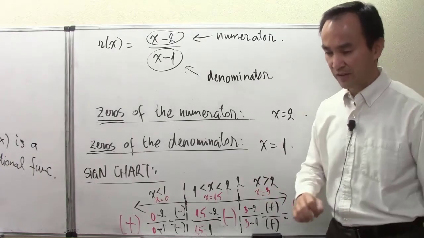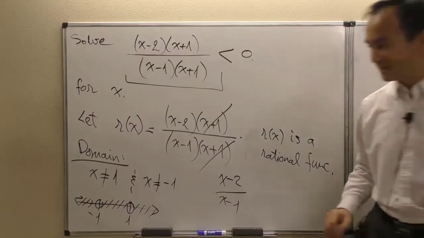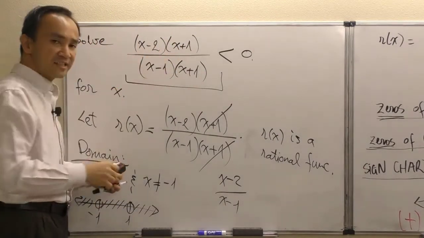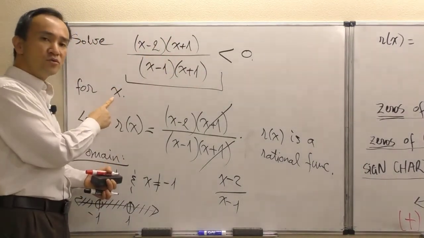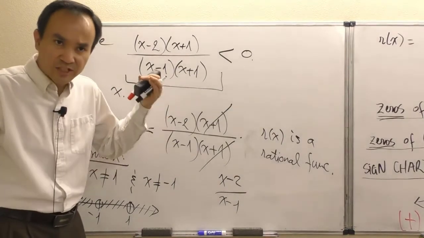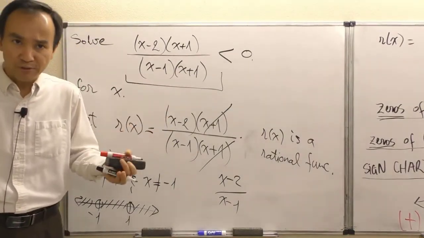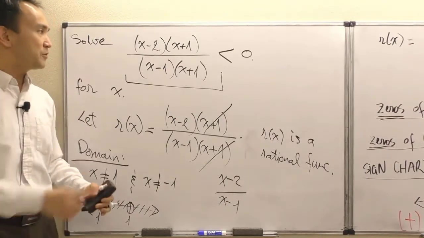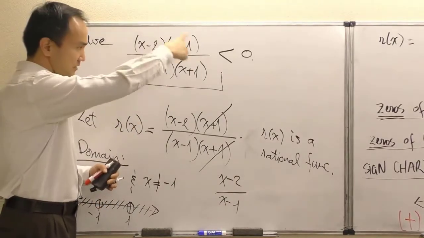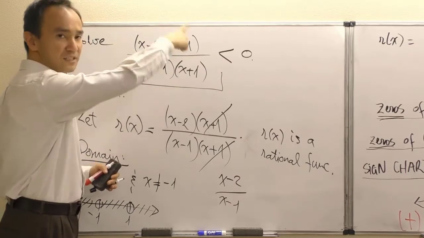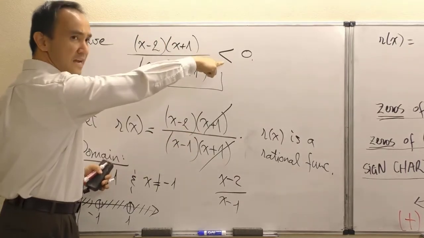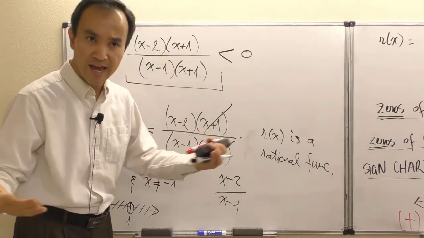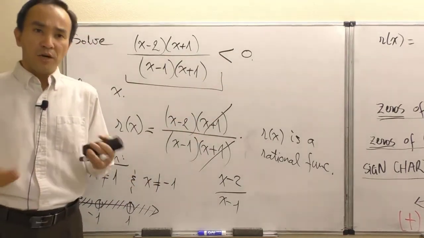Remind yourself again, ultimately the question is asking which values of x make this rational function negative. Anytime we're solving an inequality, we have to end up with multiple values. Reading that inequality as less than 0 means negative.